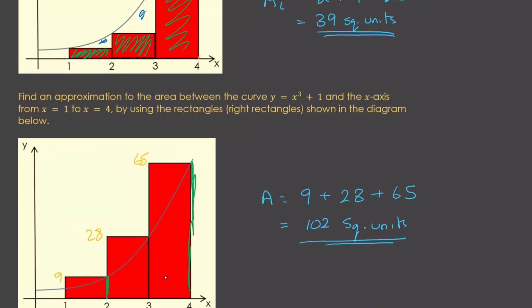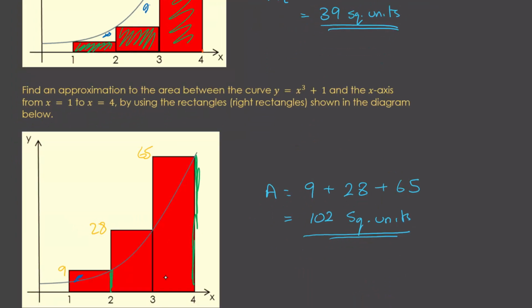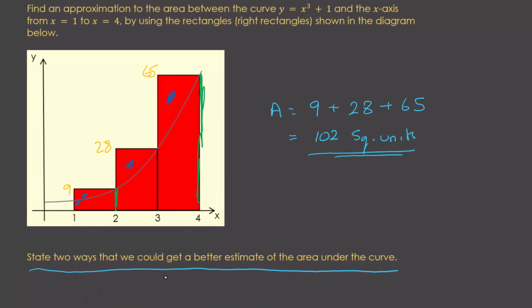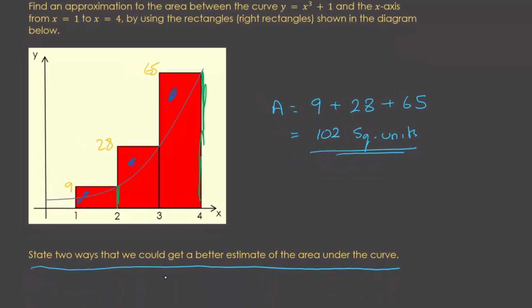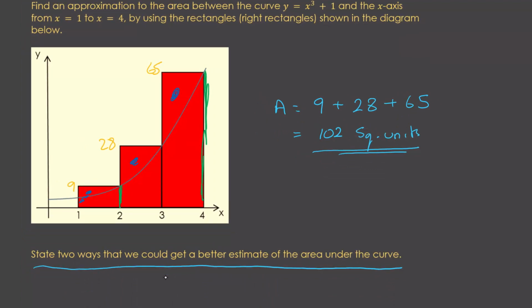This one's a huge overestimate because we've got area above the curve that we counted. Now you could reduce those amounts in both cases by using more rectangles. So go for much thinner rectangles, basically.